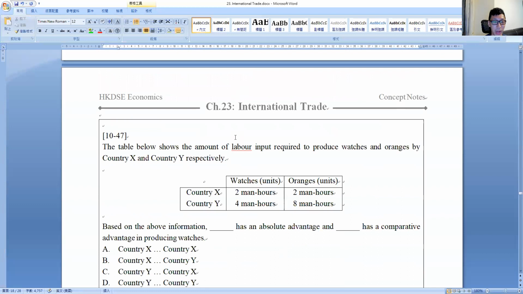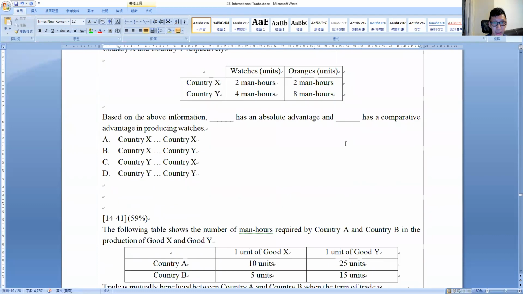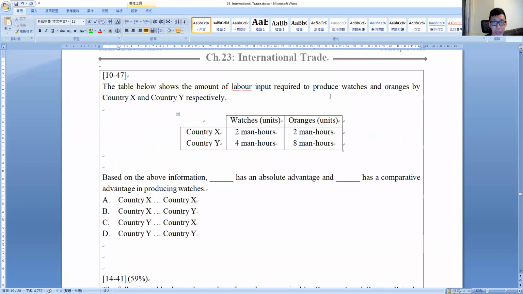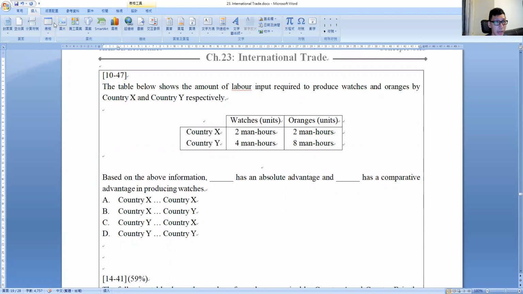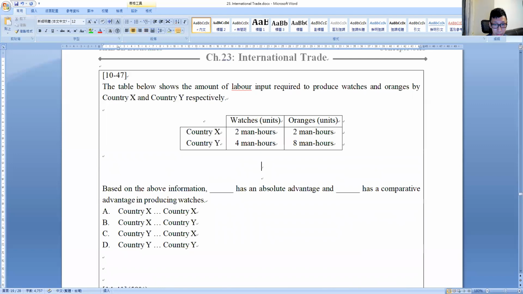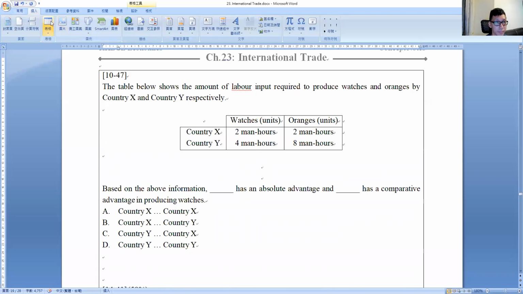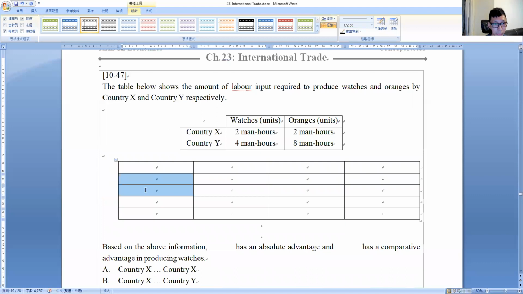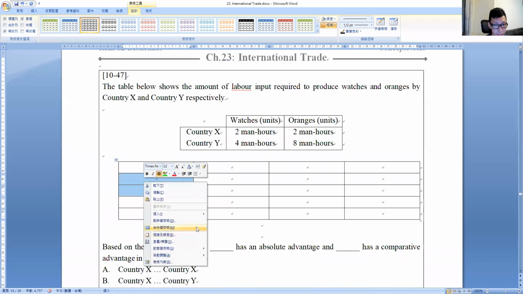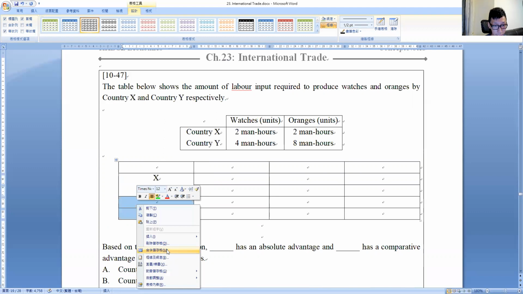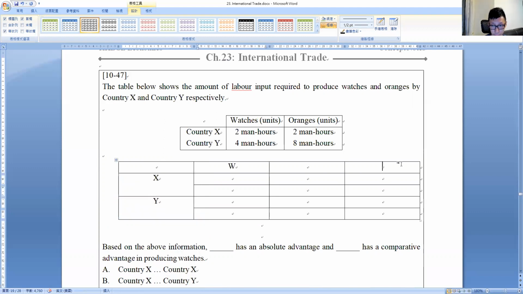Okay, not too difficult. Now, what about this one? Man hours required. Again, as usual, it's boring but it's the same method. Right here, this would be X, this would be Y. Watch, orange, and then resources. Now this time is easy: 2, 2, 4, 8.